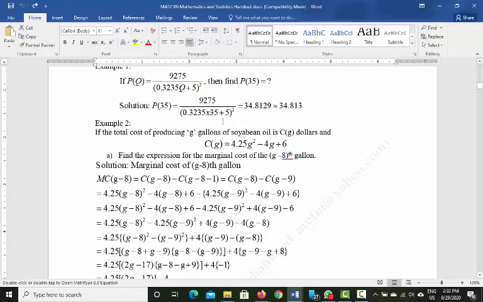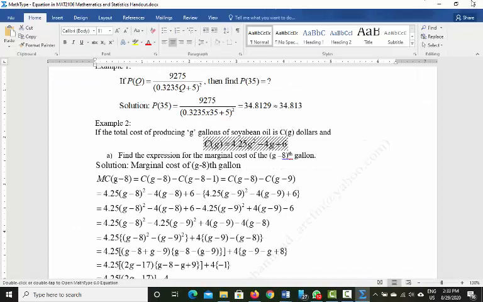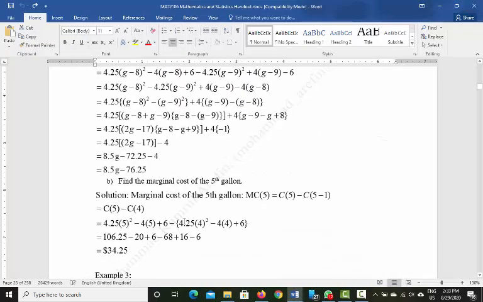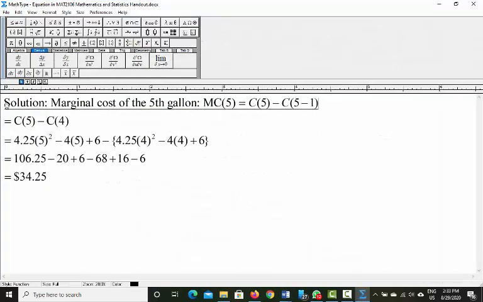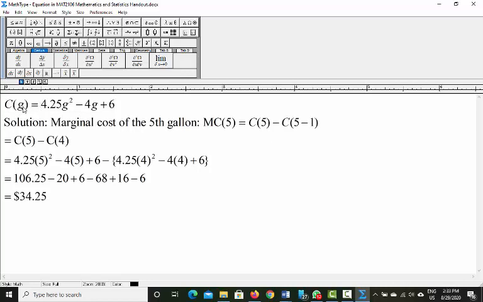Cost function is this one. This is the cost function, where Cg is equal to this.